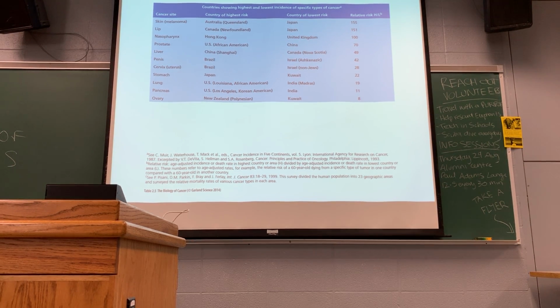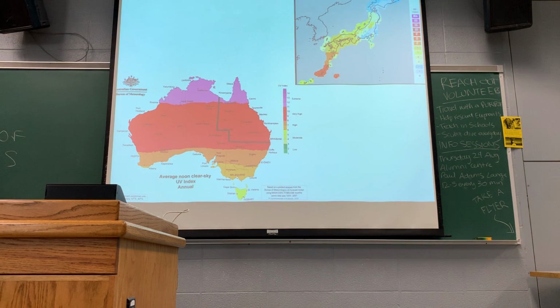So let's think again, brainstorm here, what might contribute to this difference in Australia versus Japan? What differences might there be in these two countries? Yeah. Sun exposure. So I don't know if you all know your geography very well. I had to look this stuff up. But Australia, and specifically Queensland, is this little part X'd out here, and this is a UV index.